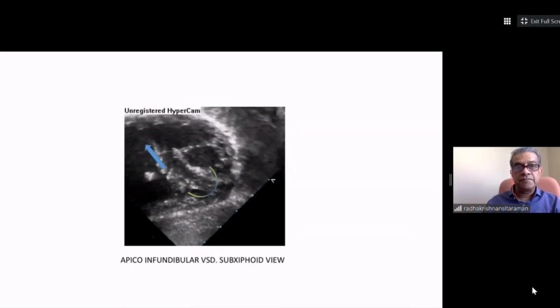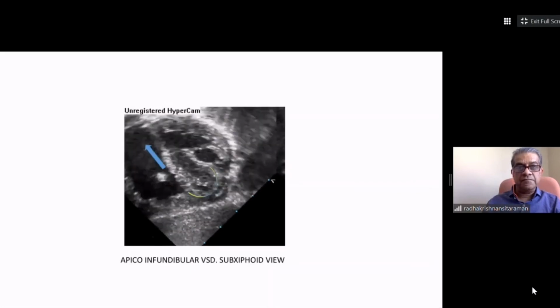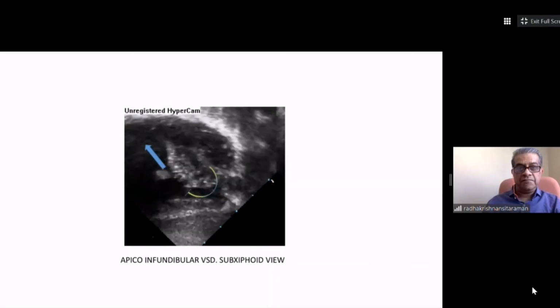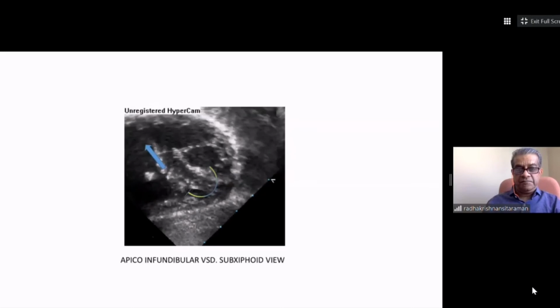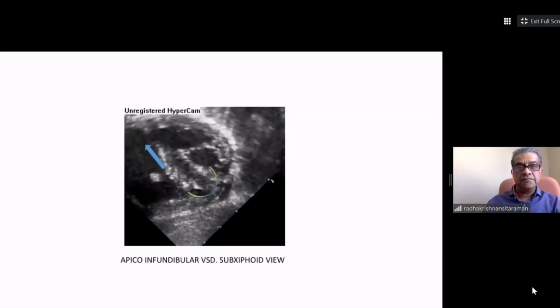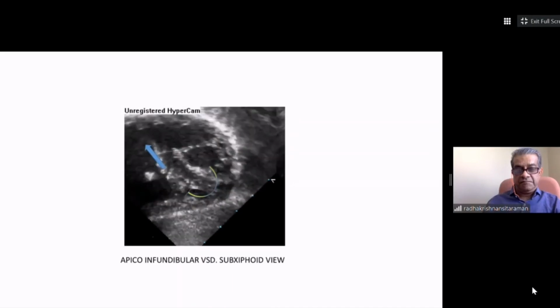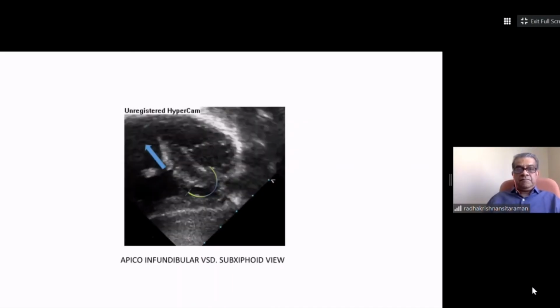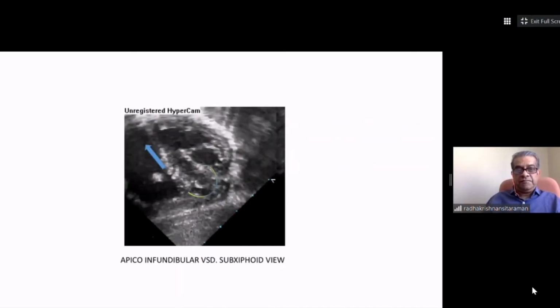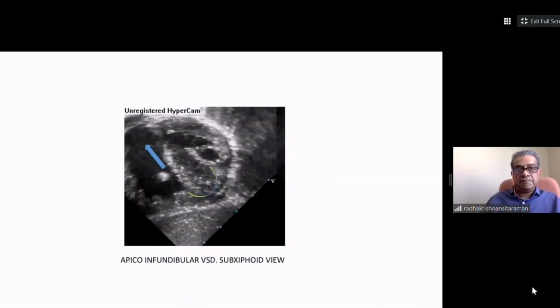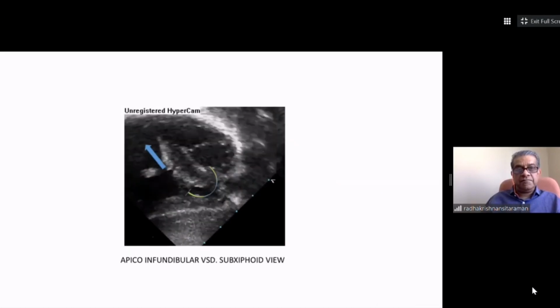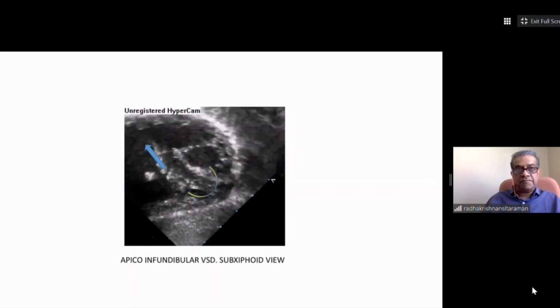I just wanted to emphasize what Radha said, that imaging is at the heart of interventions. Many of us tend to think that pushing catheters and pushing devices is the way to go. But imaging is at the heart of successful interventions, and improper imaging is at the heart of complications.